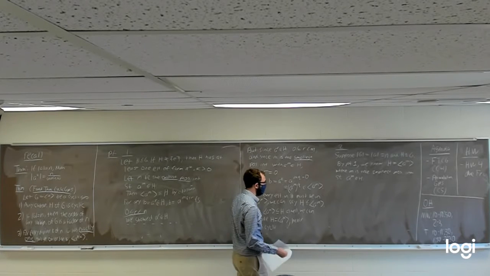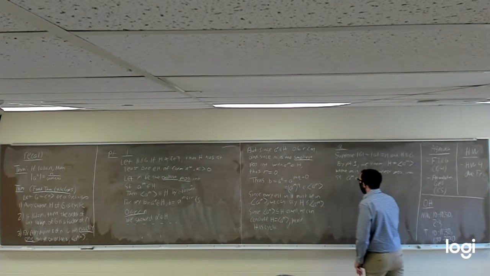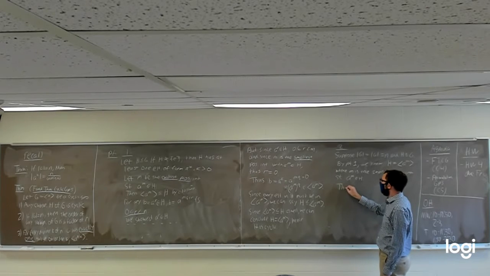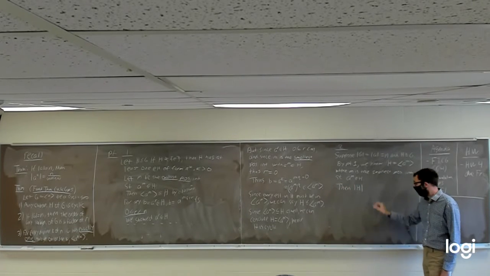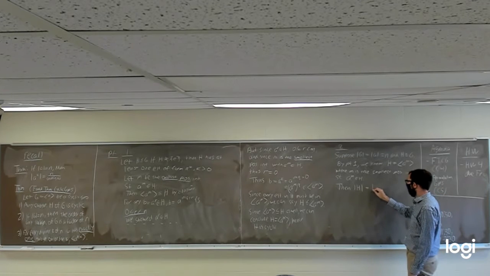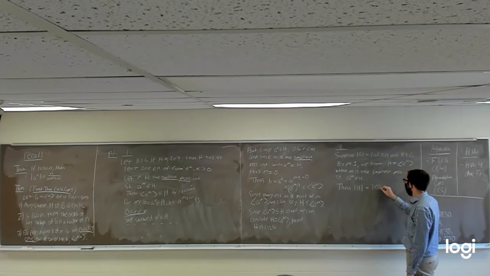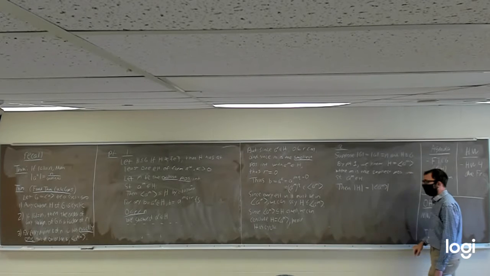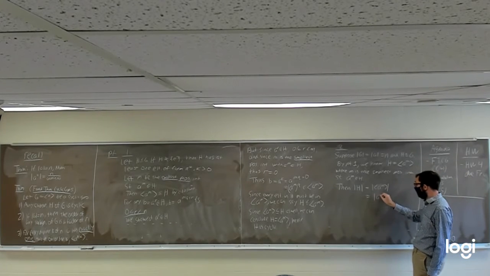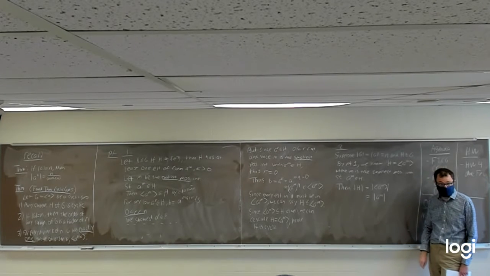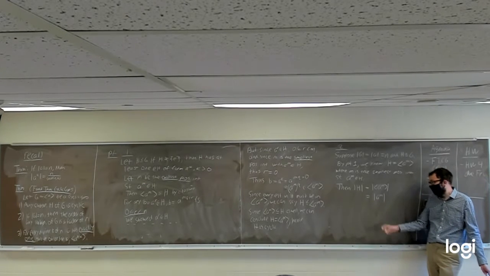So then, that tells us right away that the order of H, the number of elements in H, is by definition the order of the group generated by a^m, which, as we've seen, is just the order of a^m. The smallest power we need to take a^m to get the identity.